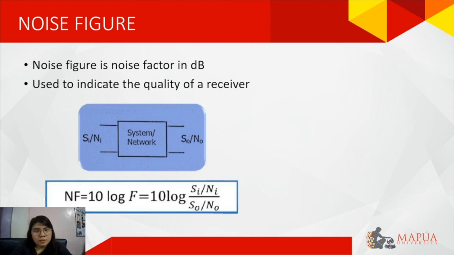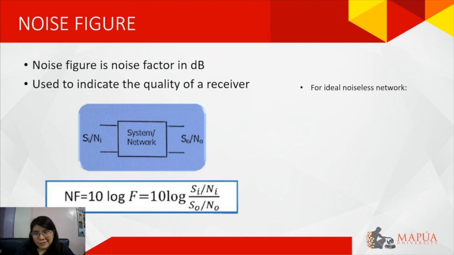The noise figure F is also called the noise factor, and it can be expressed as Si over Ni, which is the input signal to noise ratio, divided by the output signal to noise ratio, So over No. In decibels, the equation is expressed as 10 log F, which expanded is 10 log of (Si over Ni) over (So over No).